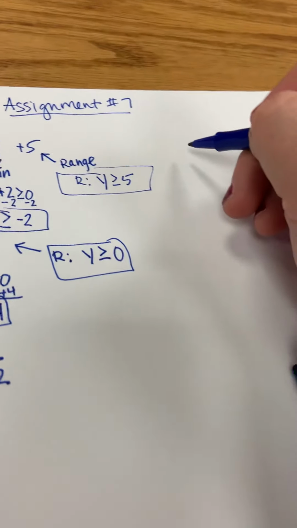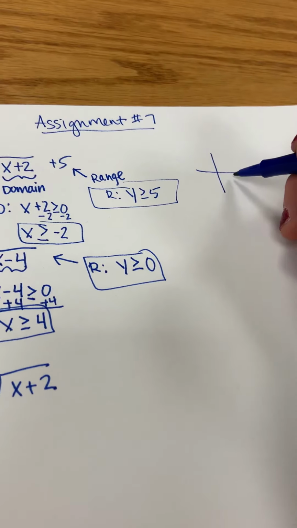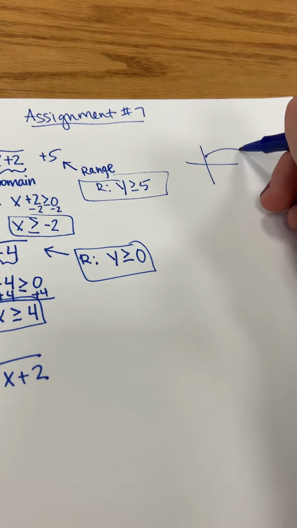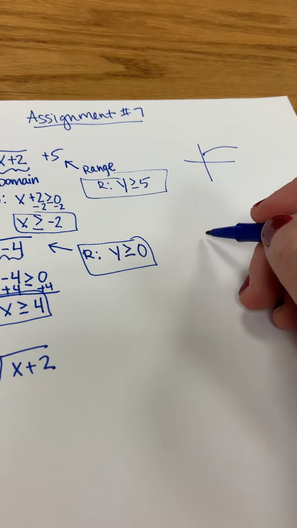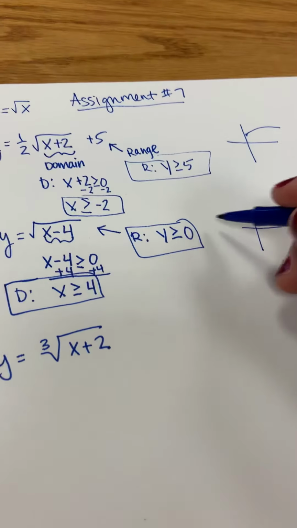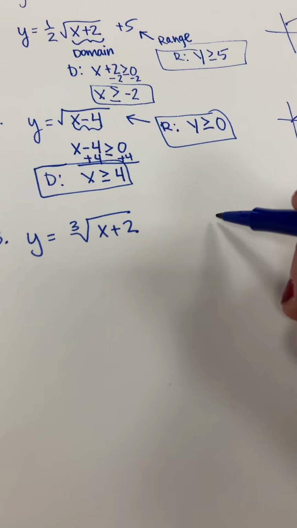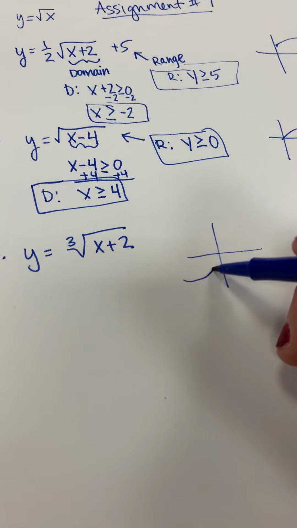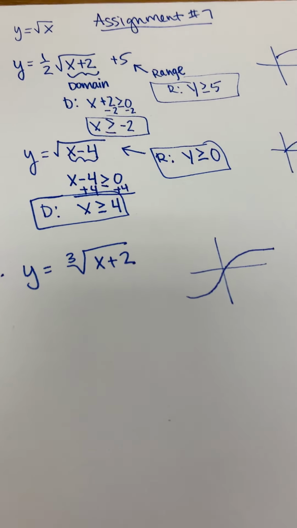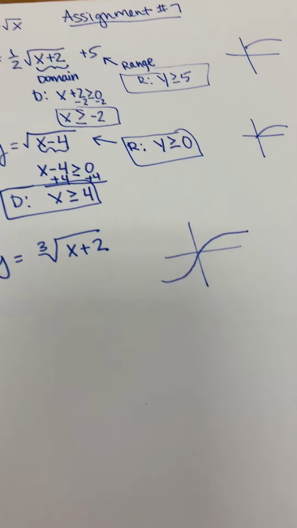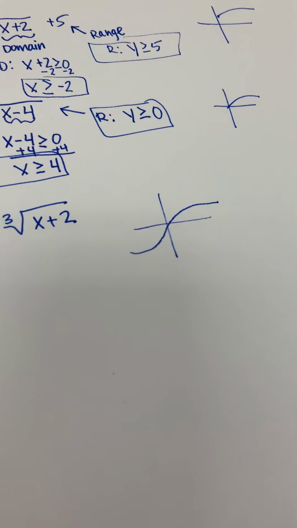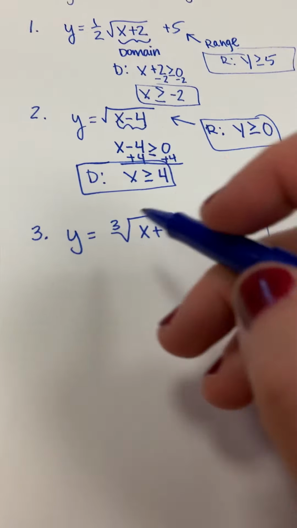You should know that the graph of a square root function kind of just looks like that. Or maybe even further down, this one might just start at 0 and go like that. A cube root function kind of looks like a sideways S. And it can change in terms of the look of the function based on the transformation.